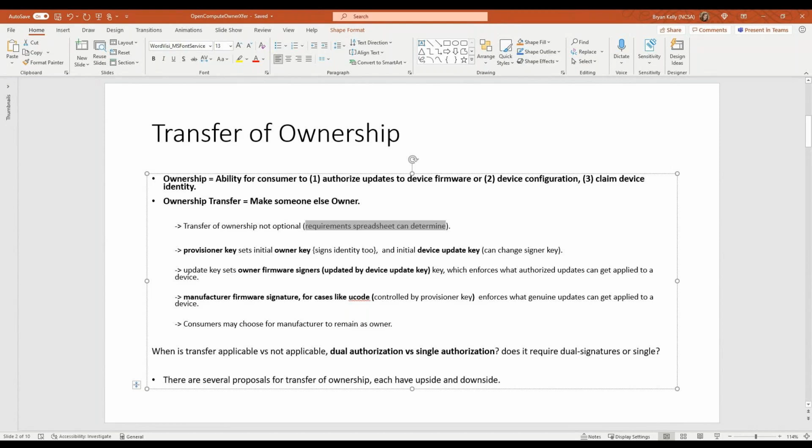I see. So they can author it themselves. So I think that's covered by number 1 on the ownership definition we have here, right? The only difference is we are saying that some manufacturers may not allow that, so then the device won't allow it, right?